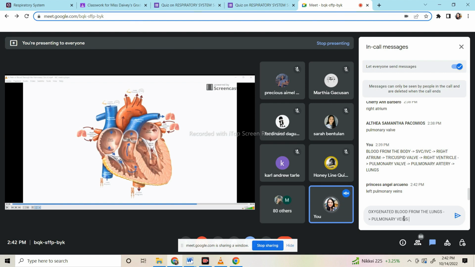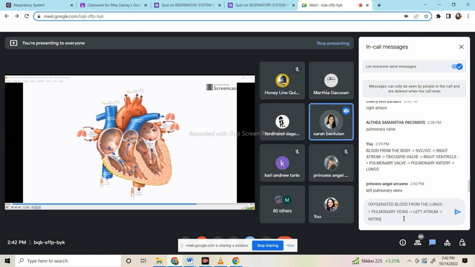Okay, next. After pulmonary veins, ano susunod? Left atrium po. Okay, we have the left atrium. And then next, papasa ngayon saan? Mitral valve. Okay, we have the mitral valve or bicuspid valve. And then next, left ventricle. And then next, aortic valve.